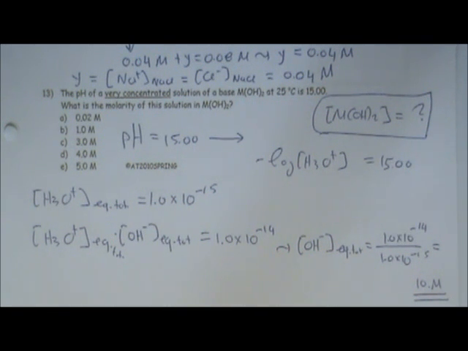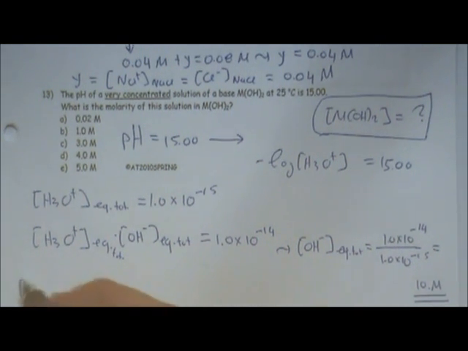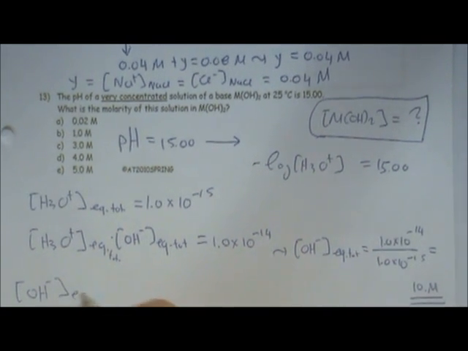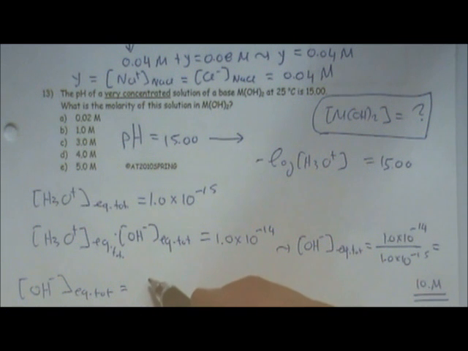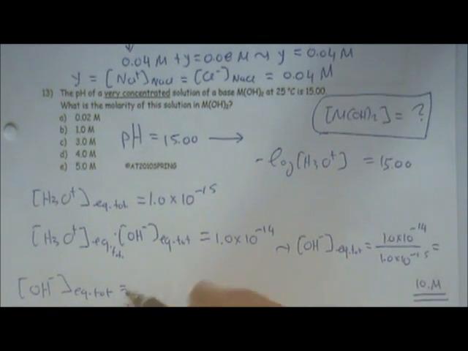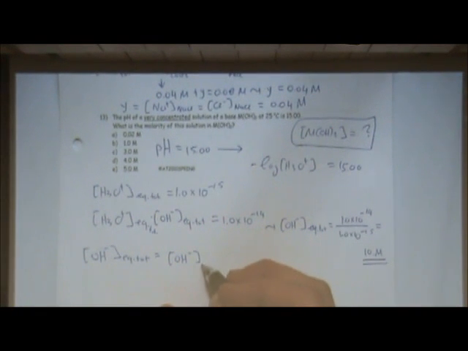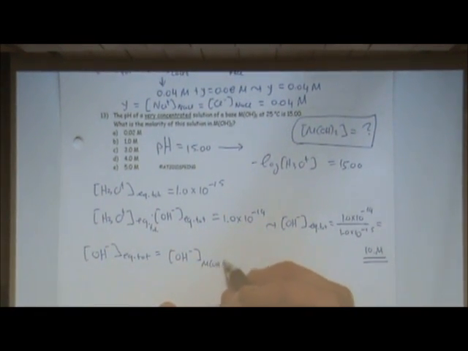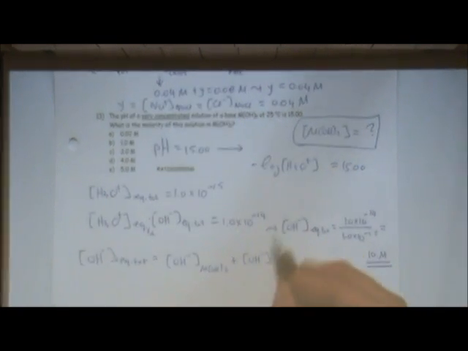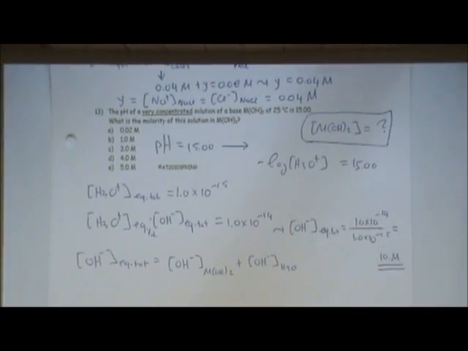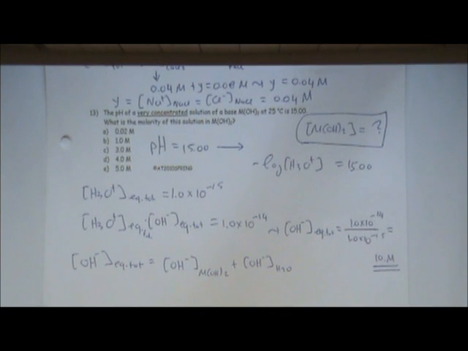The concentration of hydroxide ions at equilibrium total will be equal to the concentration of hydroxides that come from the strong base, plus the hydroxide ions that come from water. You agree with that?